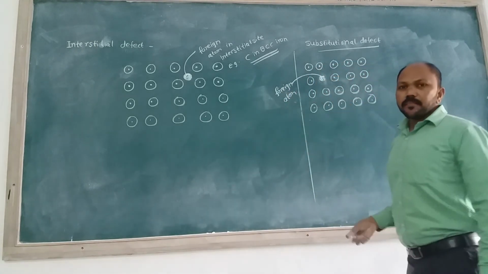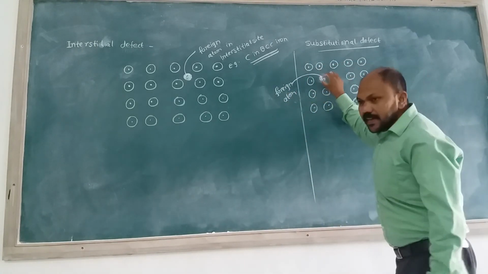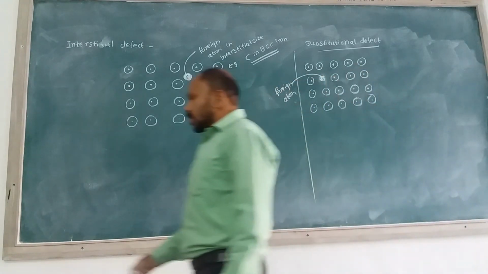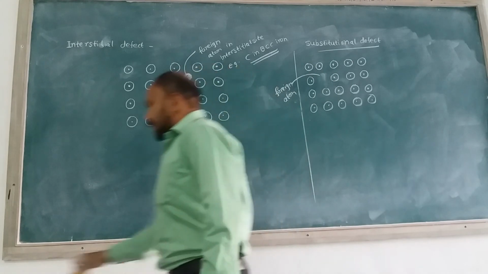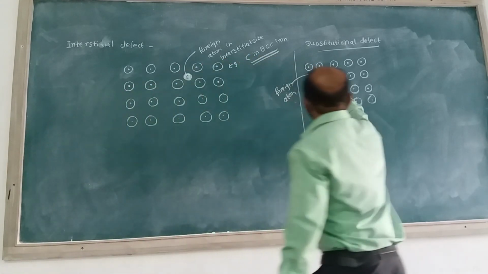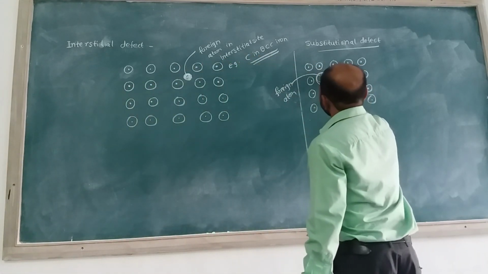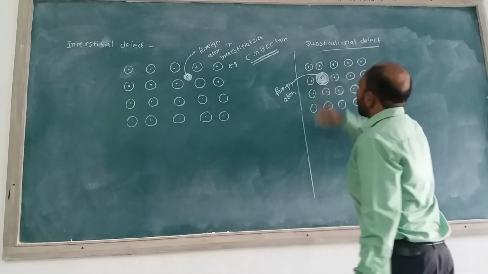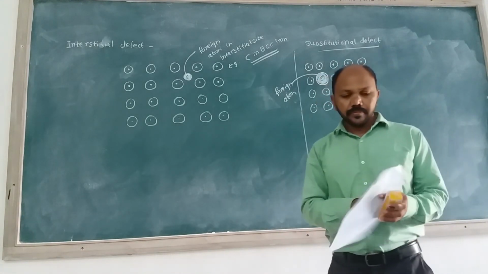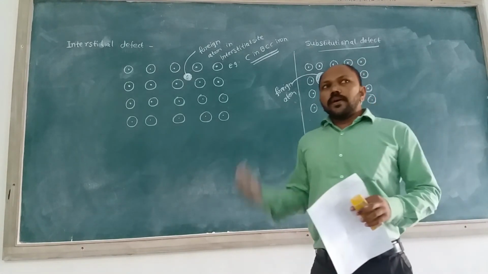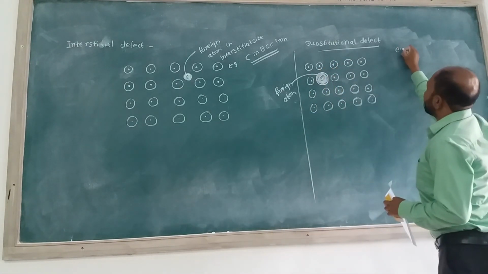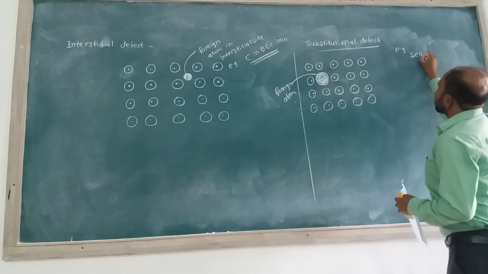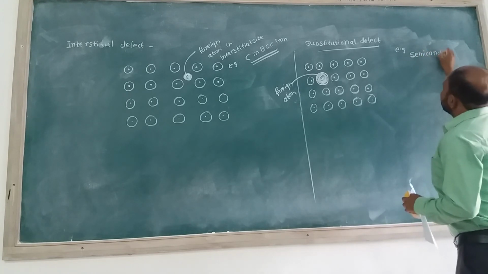This foreign atom may be small in size compared to these host atoms, or it may be bigger in size compared to the host atoms, like this foreign atom. As an example of this substitutional defect, consider the manufacturing of semiconductors.